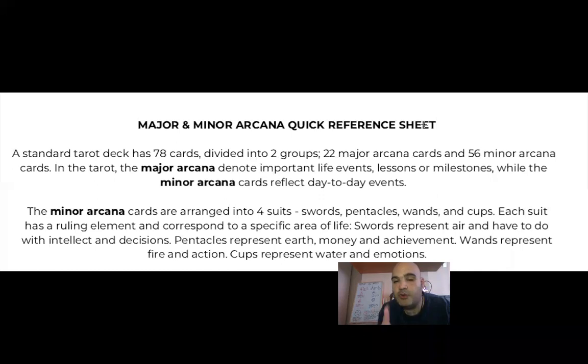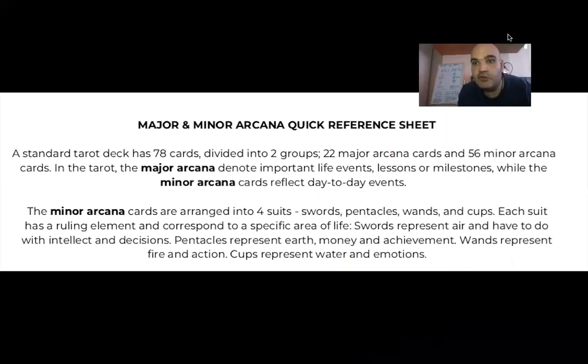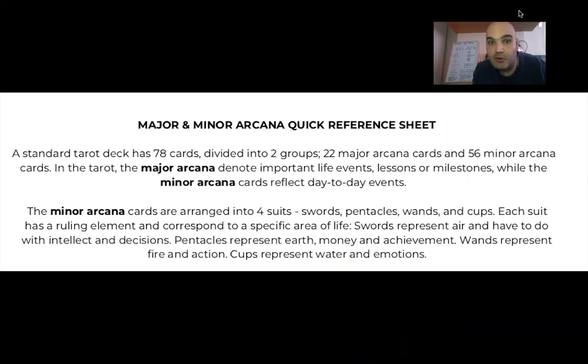And also the 22 pathways in the Jewish Tree of Life relate to the 22 major arcana in the tarot, which I'm going to read about to you right now. So major and minor arcana, quick reference sheet.